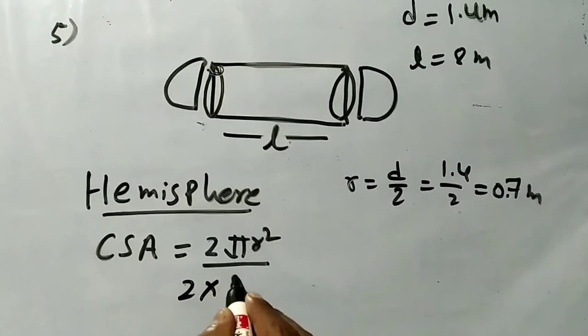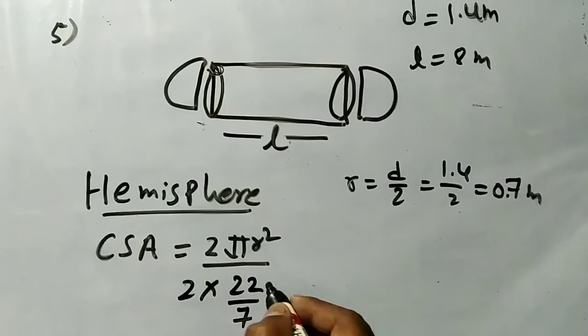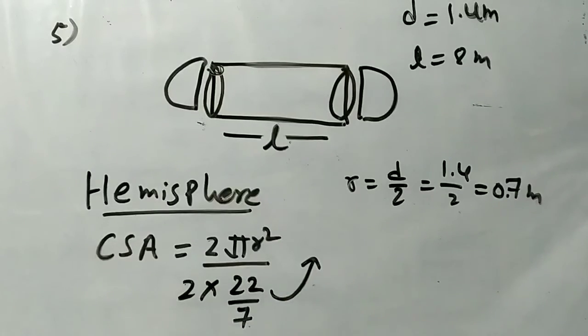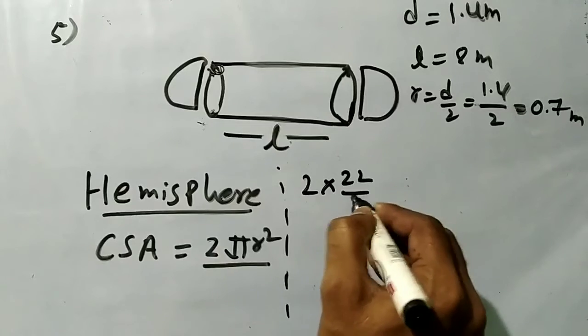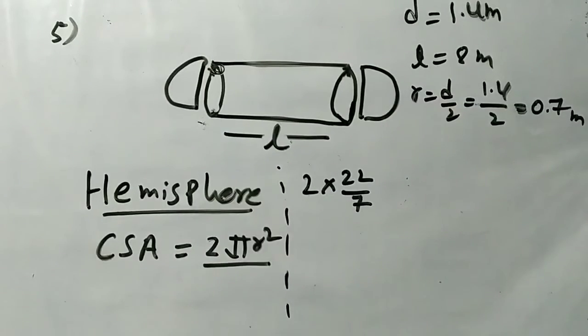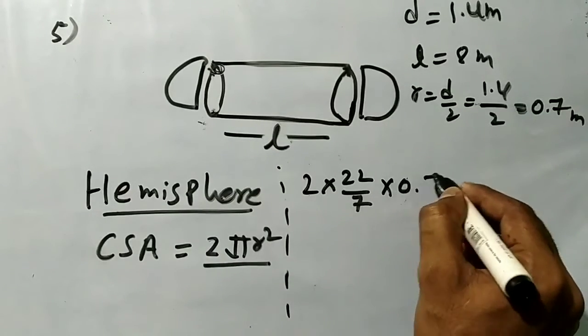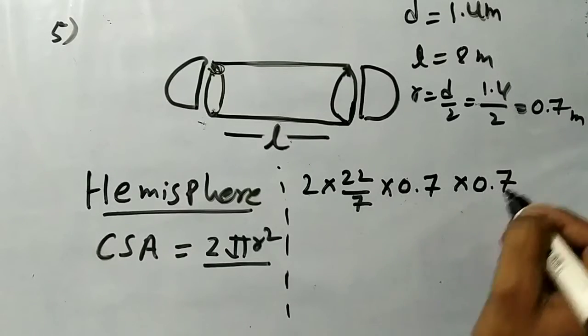That is 2 into 22 by 7. For our easy calculation, I will write here 2 into 22 by 7 into 0.7 into 0.7.